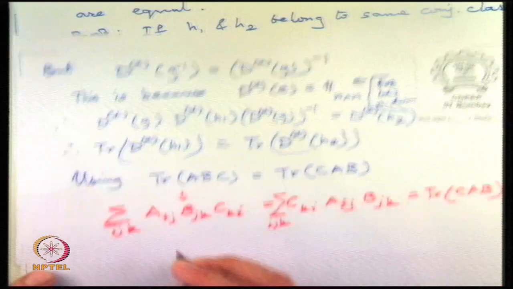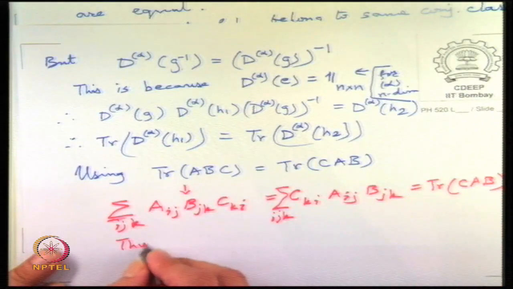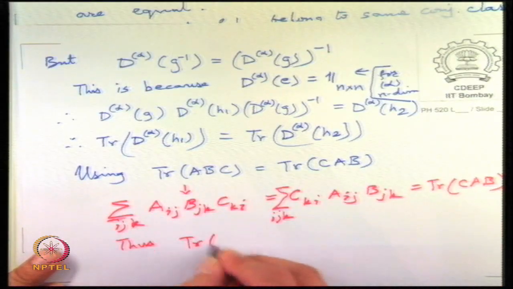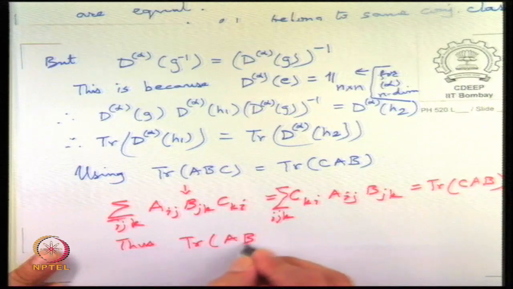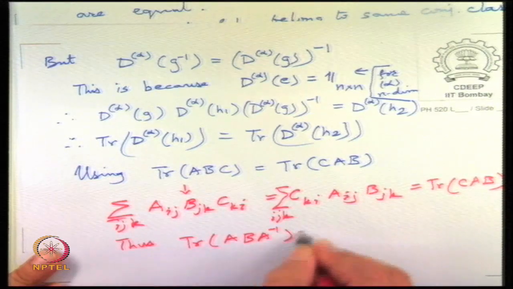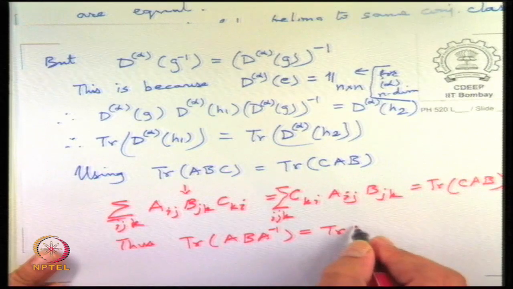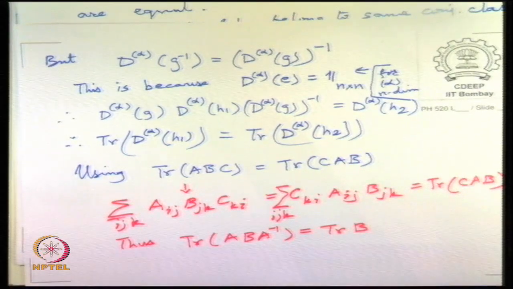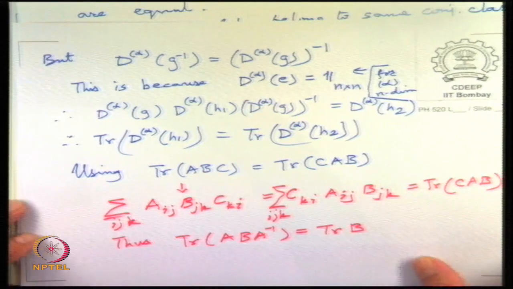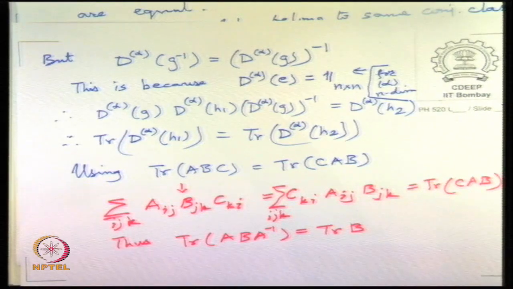So because of this, the trace of ABA inverse just becomes equal to the trace of B. Right. Which is what we have used. Therefore, all elements belonging to the same conjugacy class have exactly the same character. So thus proved. Okay.